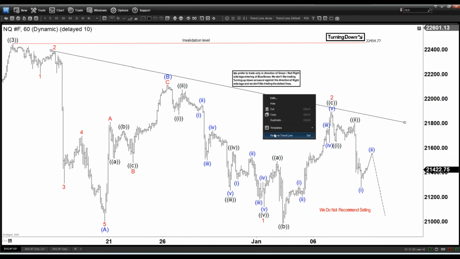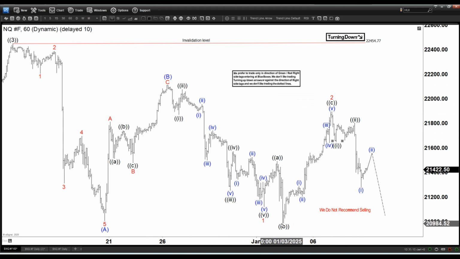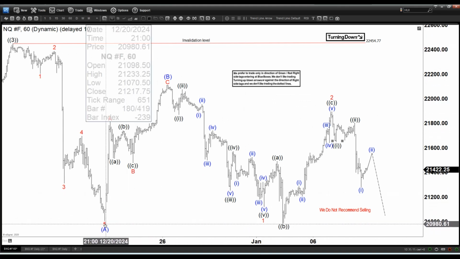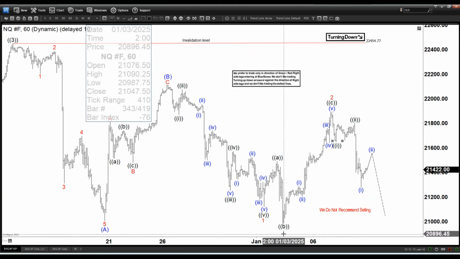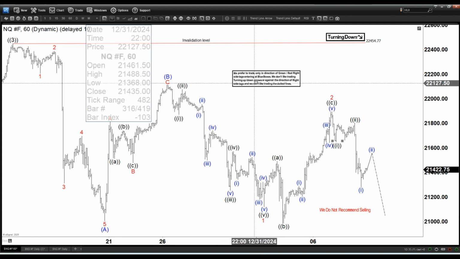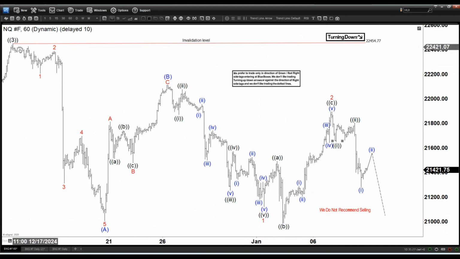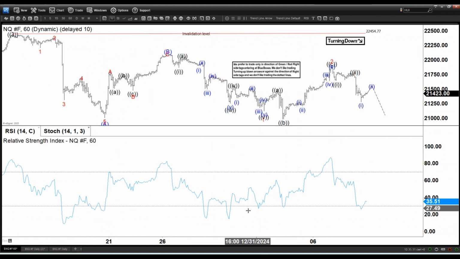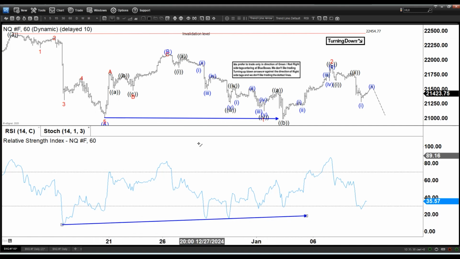But I don't think a triangle is likely, because this low actually broke below the low here. Let me double check: 21,006,2983. So this low broke below this low, which shows a lower low sequence. You can also see there is still a divergence between this low and this low in the RSI, the momentum.